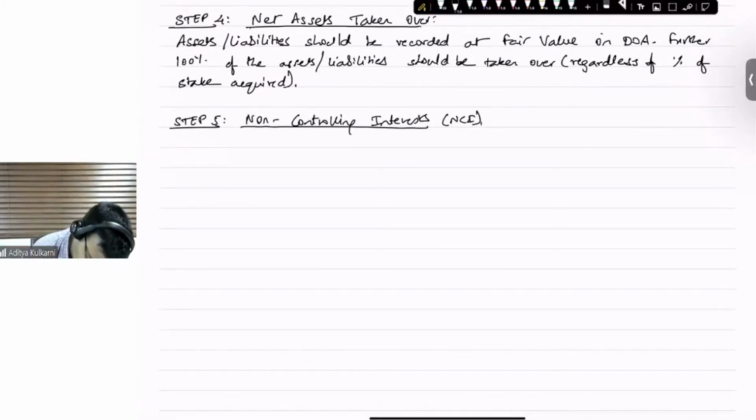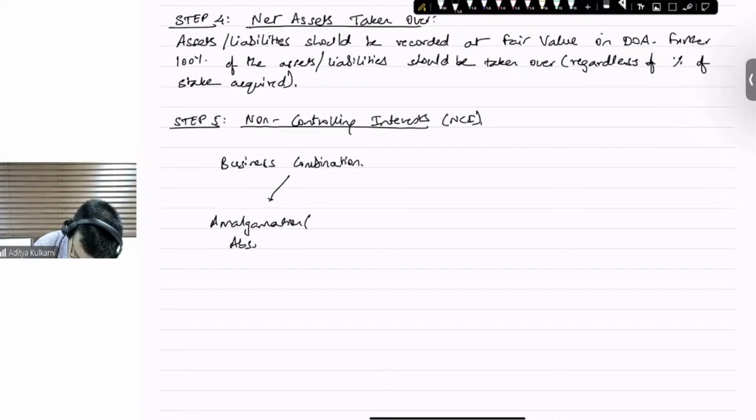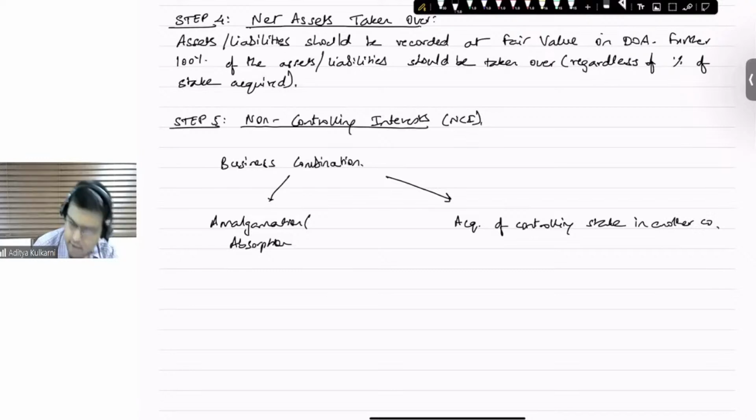Okay. So now, see, on the very first day of the session, now don't write down, just listen. On the very first day of the class, I had told you that business combination could be either in the form of amalgamation or absorption, or it could be in the form of acquisition of a controlling stake in another company.